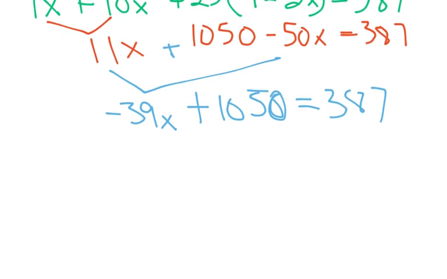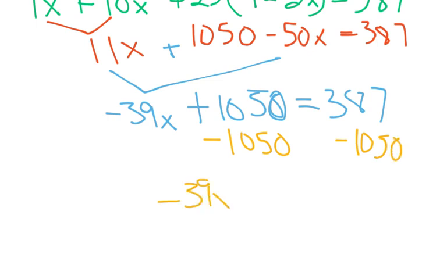So then I go ahead and subtract 1050 from my 387. That's going to give me negative 663. So that's negative 39x equals negative 663.